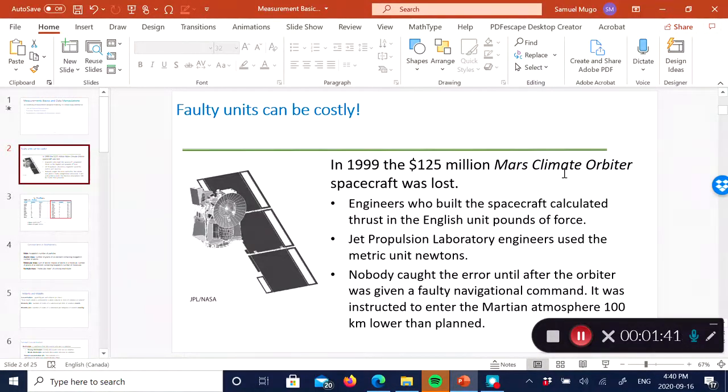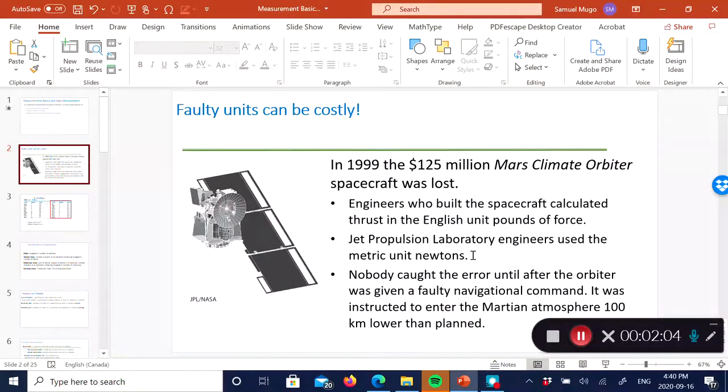Engineers built this spacecraft and they calculated the thrust needed using English unit pounds of force. Now, the other engineers, the propulsion lab engineers, used the metric unit newtons to calculate the thrust that is needed.